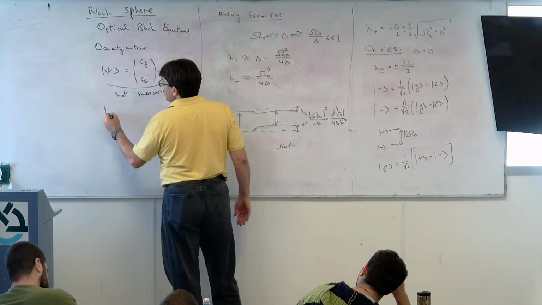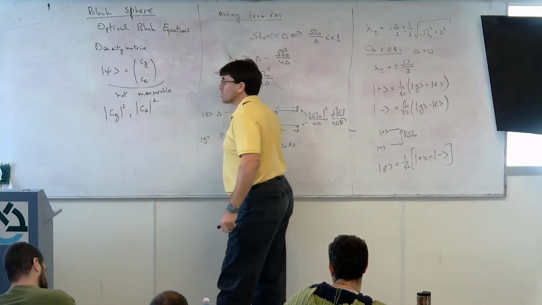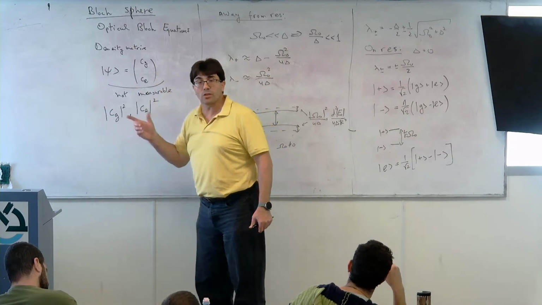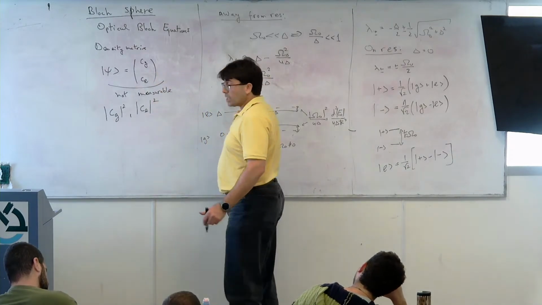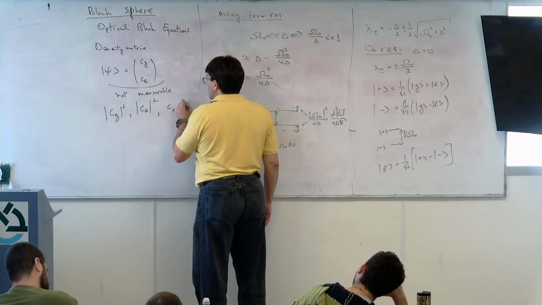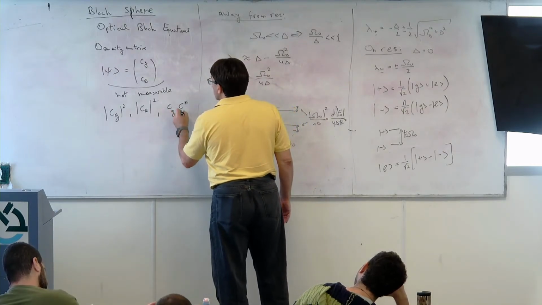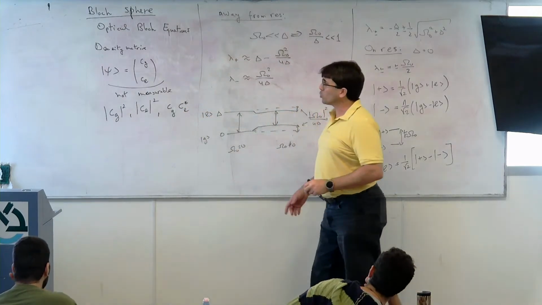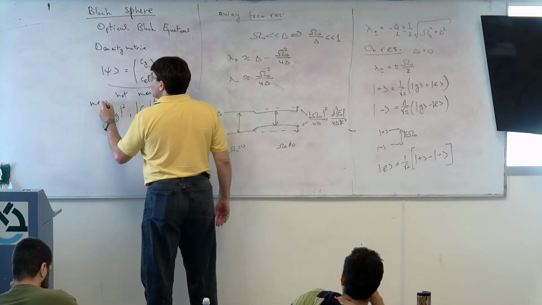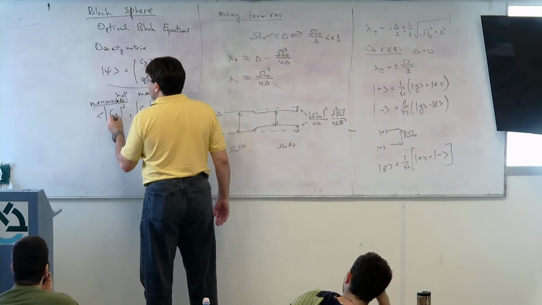What can I measure? I can measure the population. Those are things I can measure. And I can measure also the relative phase between them. The relative phase between them will depend on something like that. And to be honest, what I can measure is this averaged.